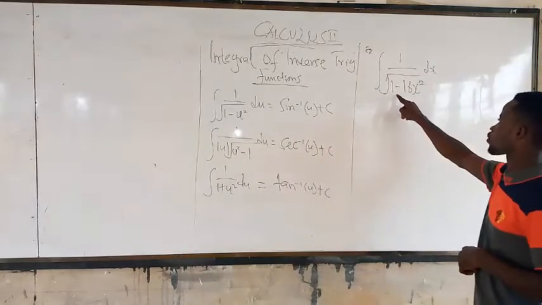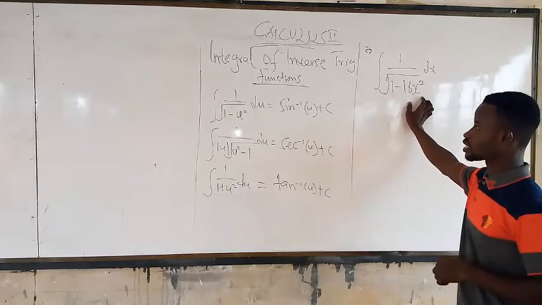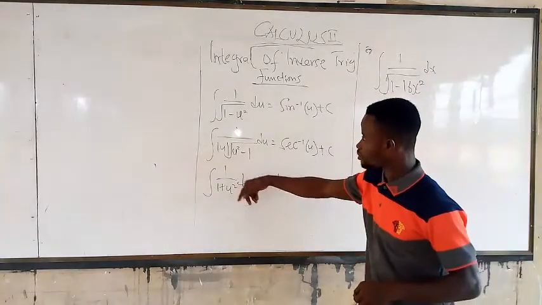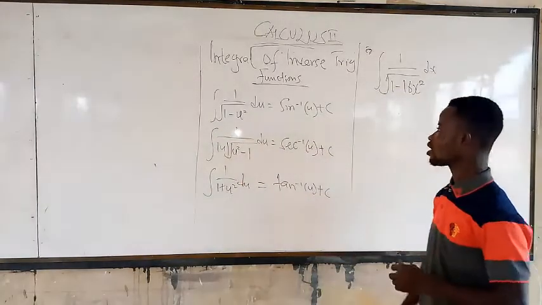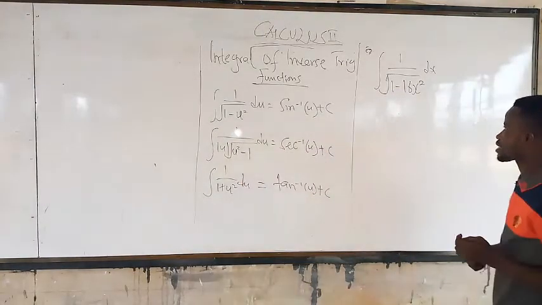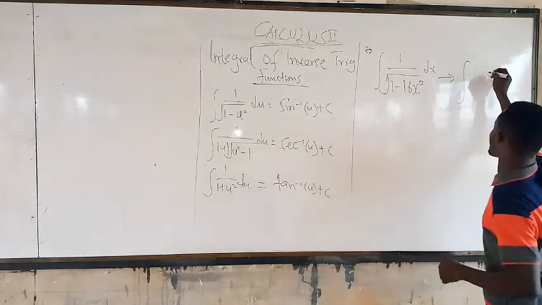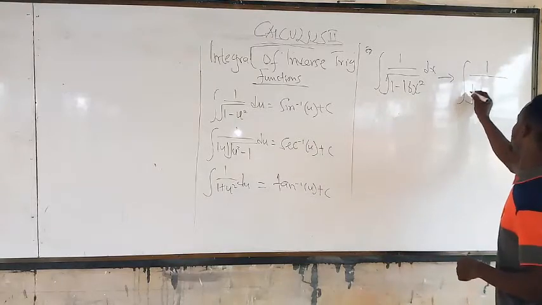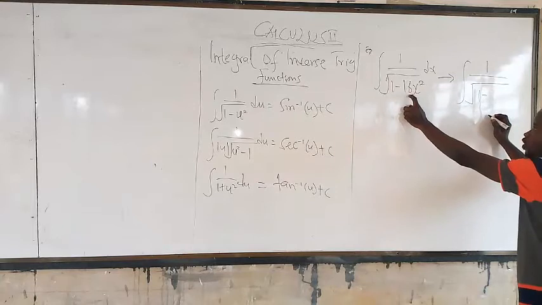So looking at the square root of a constant minus something squared, it's somehow relating to this. If that is the case, we can rewrite this question as 1 over the square root of 1 minus, this is 16, right?